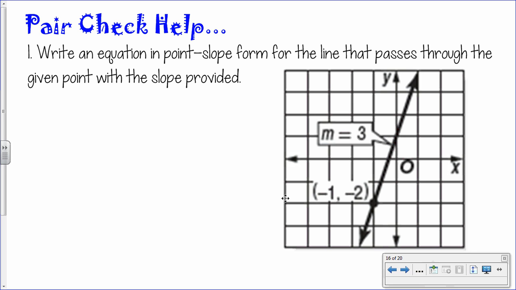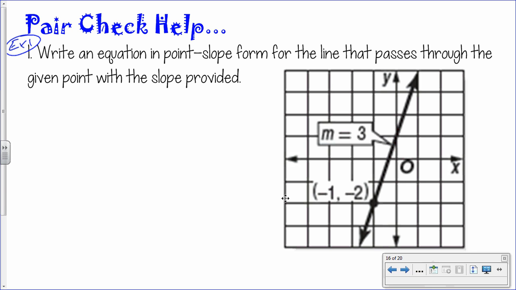So I'm giving you problems on your pair check to reemphasize what we just went over. Number 1, read the instructions right there. Now what example is that like? Look at the examples that we just took in the notes. What's it similar to? I would put example 1 right there.